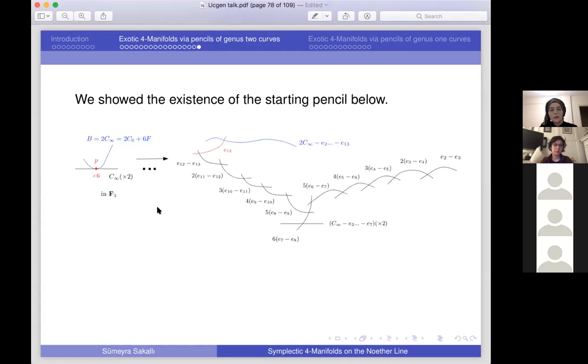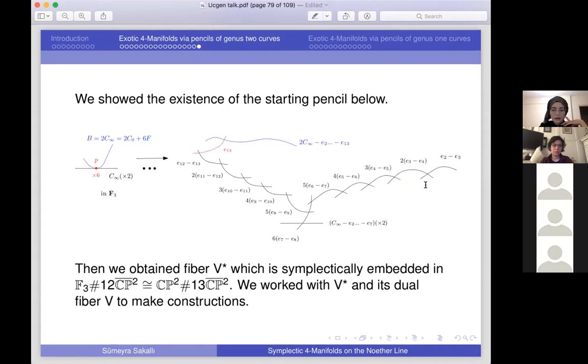And then again, we proceed as in the previous case. By doing blow-ups, I reconstruct a singular fiber. This black part is a singularity on the Namikawa-Ueno list. And here I'm giving a geometric construction of that. And then again, I work with this and its complement, and we proceed similarly, and we make our constructions.